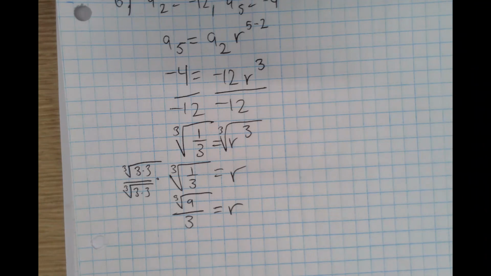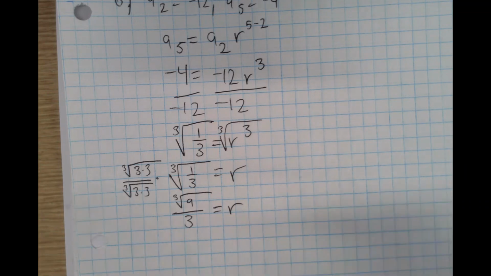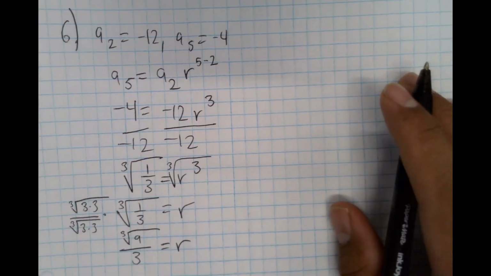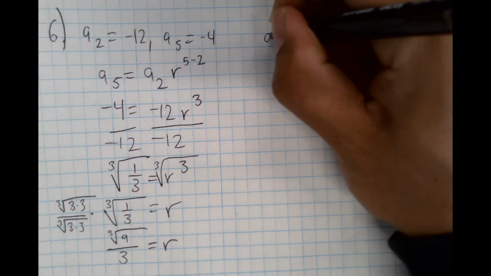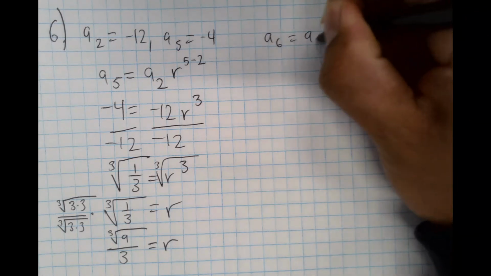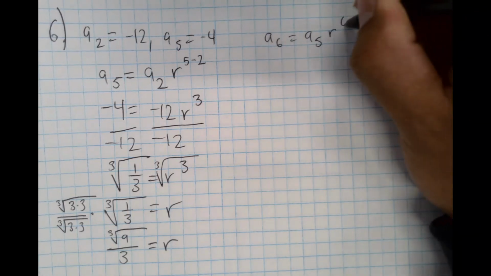A6 is after which term? 6 comes after, right, A5. So I only need to multiply A of 5 by R once, right? Or if you wanted to set it up a little more officially, you could say A of 6 is equal to A5 times R to the 6 minus 5.